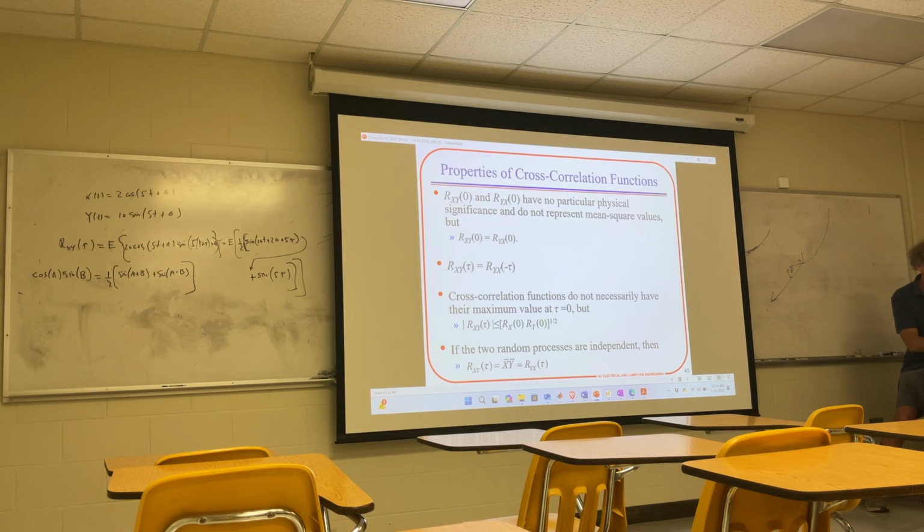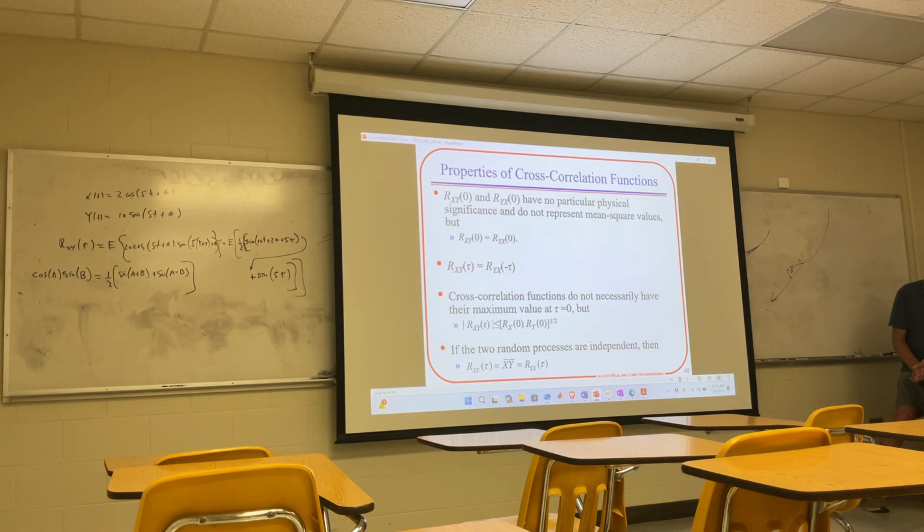The next thing is the maximum value: rxy of tau is always less than or equal to the square root of the product of rx at 0 and ry at 0. That's the square root of the mean squared values of those two.